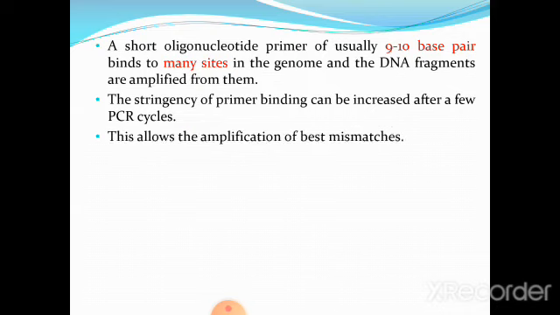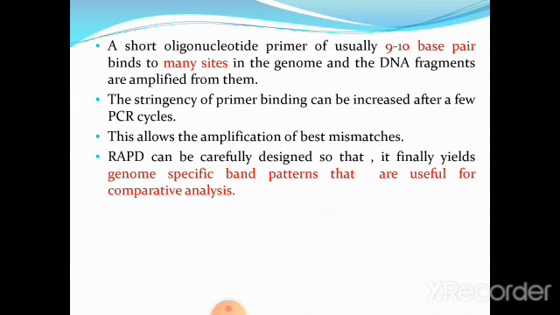Then amplification of best mismatches will take place. That's the reason RAPD can be carefully designed so that it finally yields genome-specific band patterns that are useful for comparative analysis.